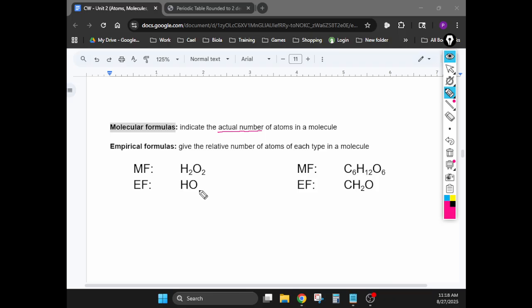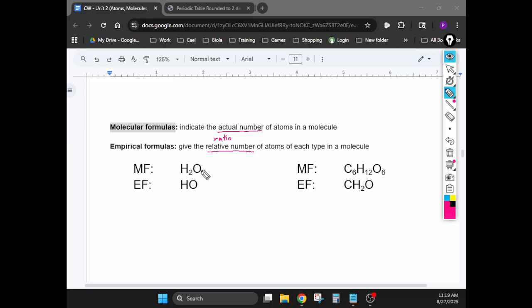Now, there's a different type of formula called an empirical formula, which gives you the relative number. Another way of thinking about it is it tells you the ratio between the elements inside that molecule. Some of you may have learned this, depending on your chem teacher, but we'll talk about this more later. Empirical formulas tell you the ratio of elements to one another.